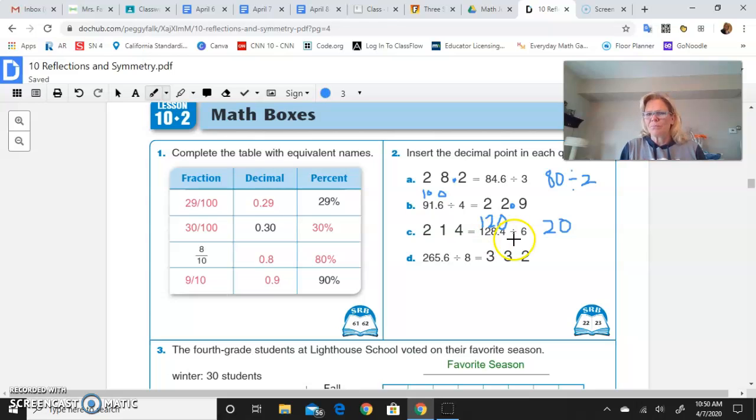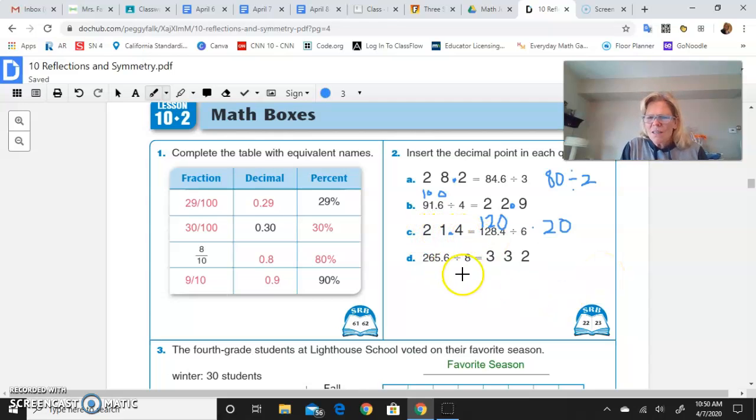Oh, yeah. So here's my estimate. So if I put the decimal here, 20 is my estimate. 21.4 would be the answer.